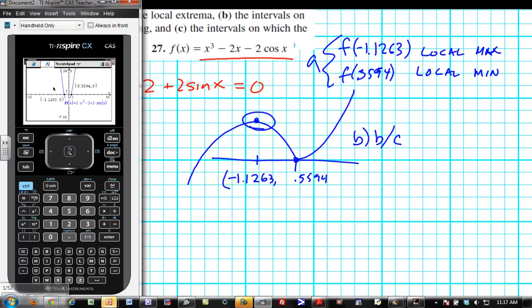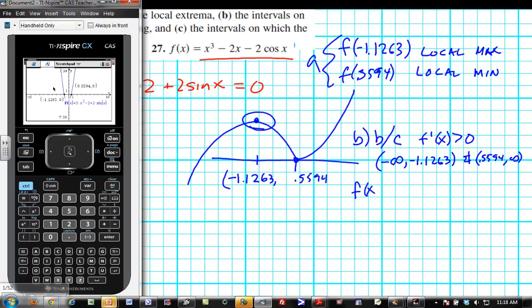I'm going to say something like, because f prime of x is greater than 0 on the interval from negative infinity to negative 1.1263, and on the interval from 0.5594 to infinity, because this is where the derivative is strictly greater than 0, and these are the two spots where the derivative was equal to 0.